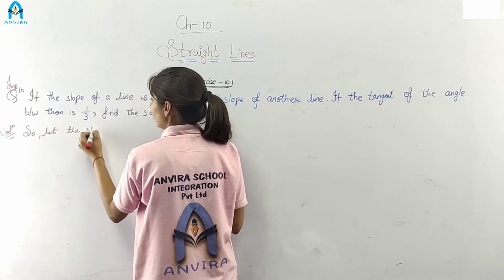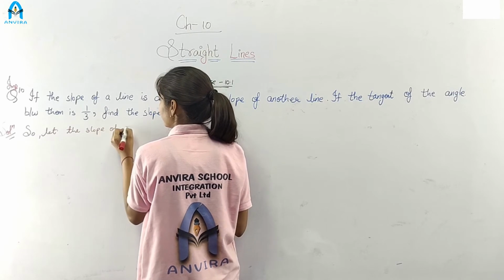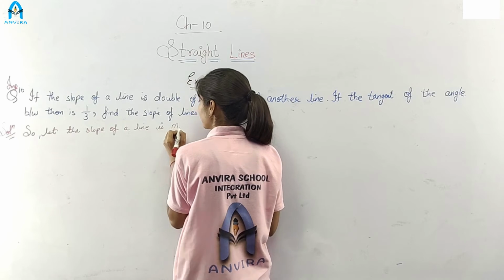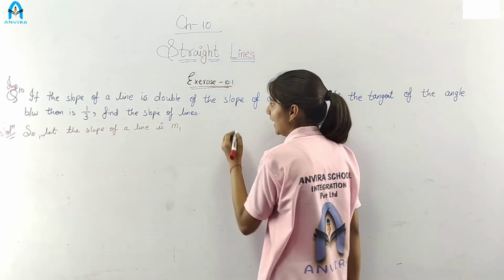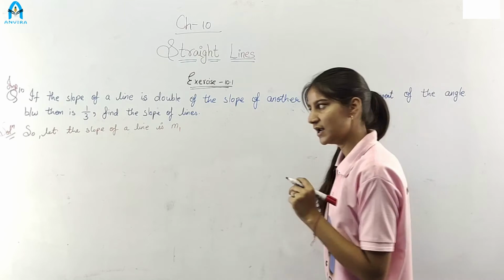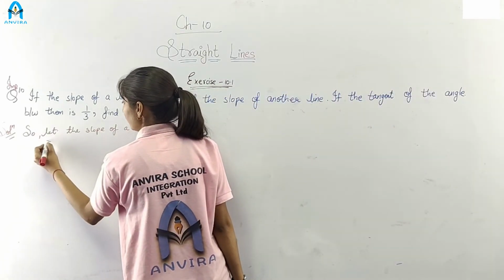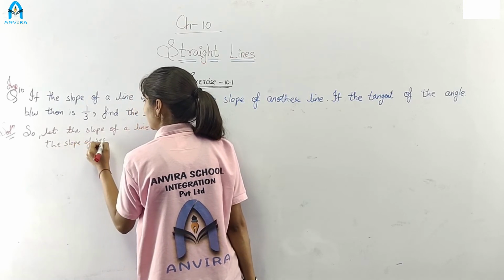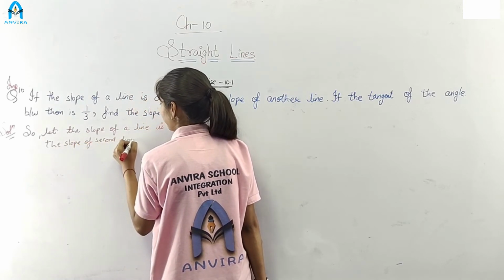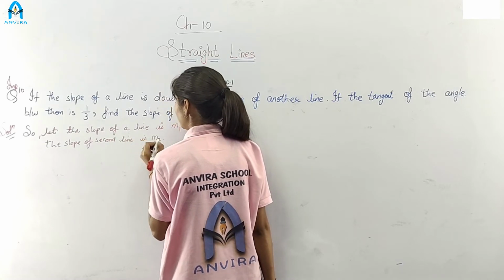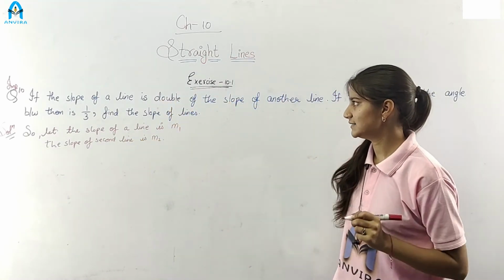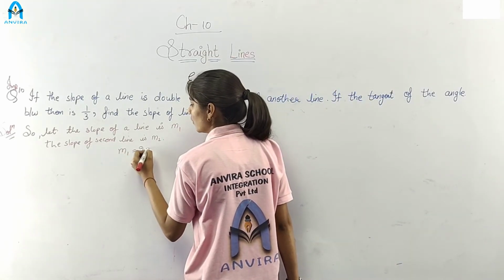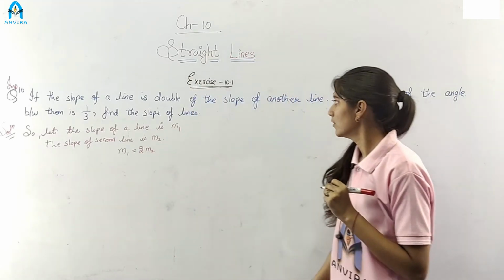Let the slope of a line be m1 and the slope of the second line be m2. So the relation between m1 and m2 is given: m1 is equal to 2 times m2.